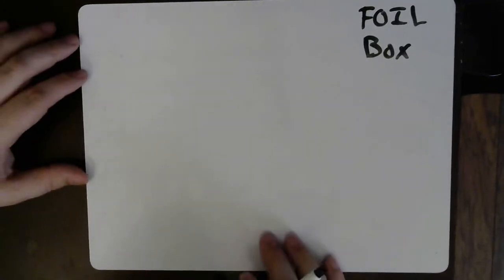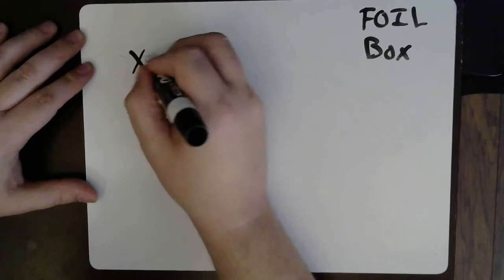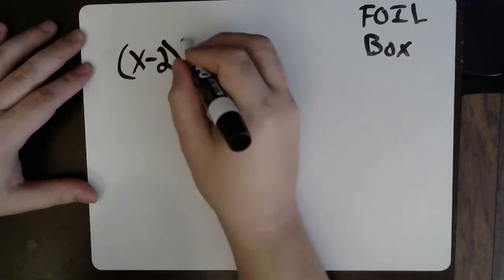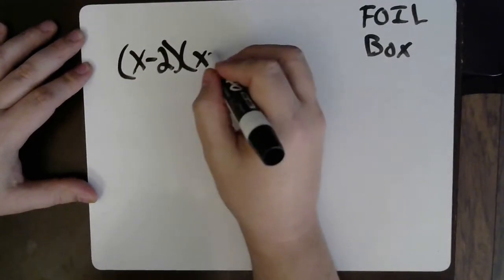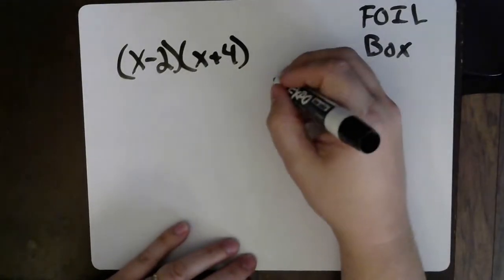The first thing I'm going to do is FOIL. That's how I was taught, neither here nor there, good or bad. So let's take an example. I have two factors, x minus 2 and x plus 4. What does FOIL stand for?